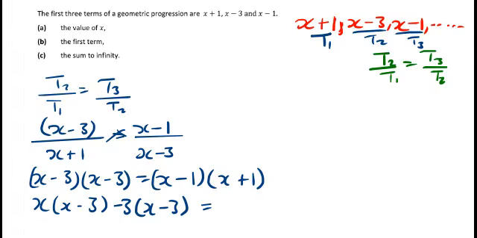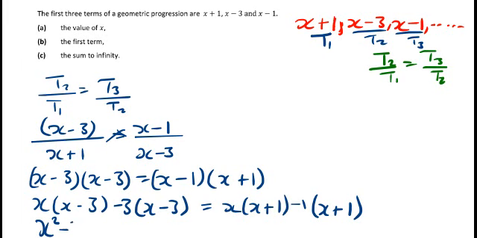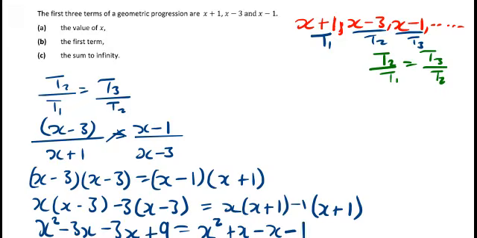And then you can do the same here: x times x plus 1, also negative 1 times x plus 1 there. And then when you multiply these, you're going to have x squared, negative 3x. Here you're going to have negative 3x, and negative 3 multiplied by negative 3, that is positive 9 there, and that will be equal to x squared and then positive x. You're going to have negative x, and then you're going to have negative 1. Negative 1 multiplied by positive 1 is just negative 1 there.